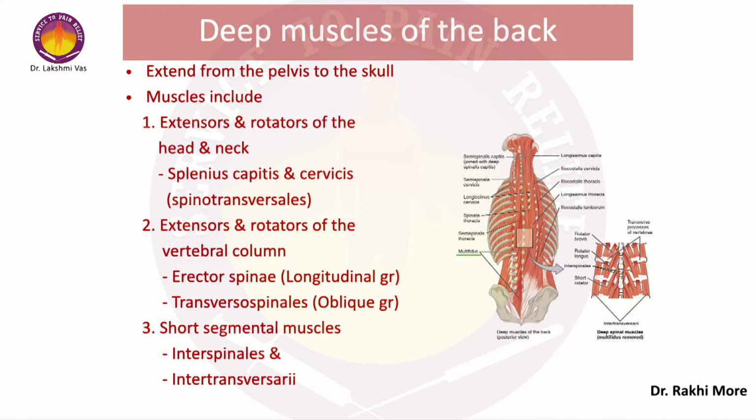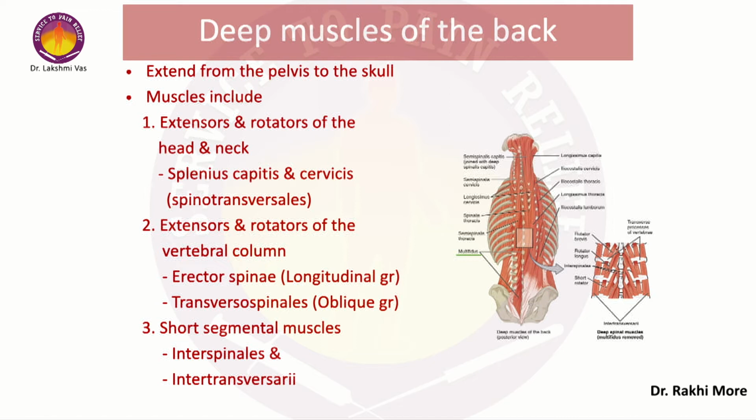The next group is the extensors and rotators of the vertebral column. Now this consists of a longitudinal group of muscles, which is the erector spinae, and an oblique group of muscles, which is the transversospinales. As the name suggests, they run from the transverse process to the spinous process.